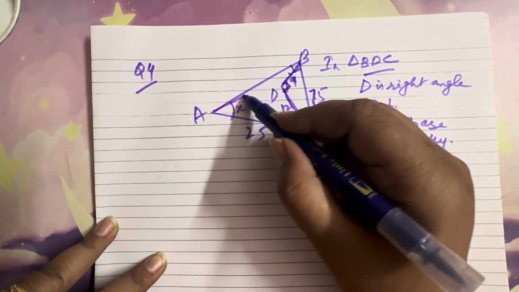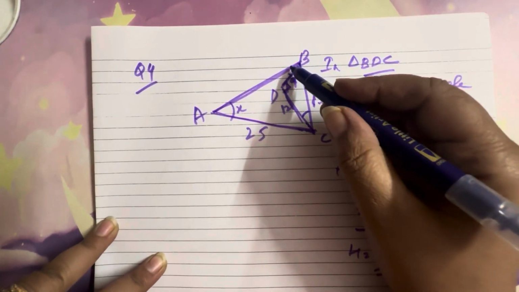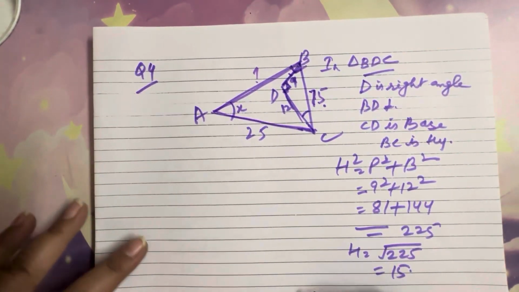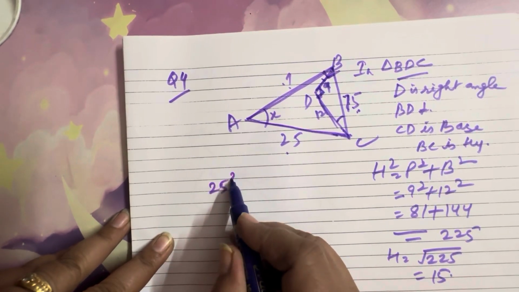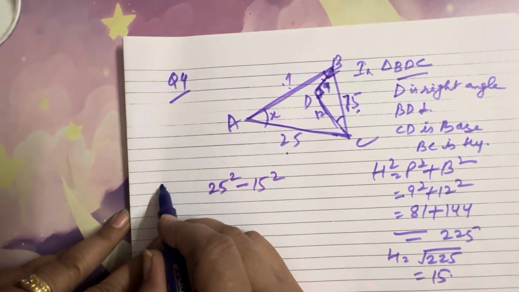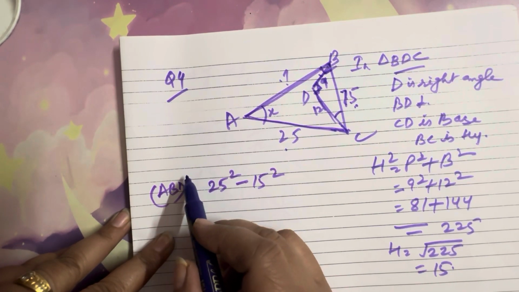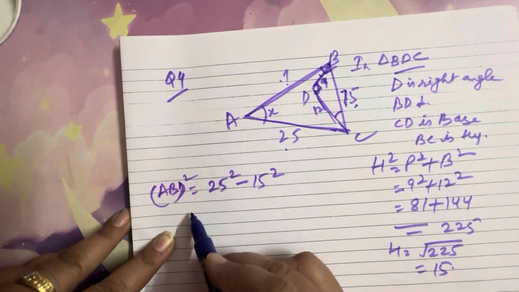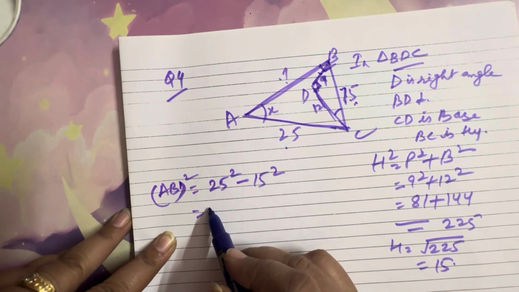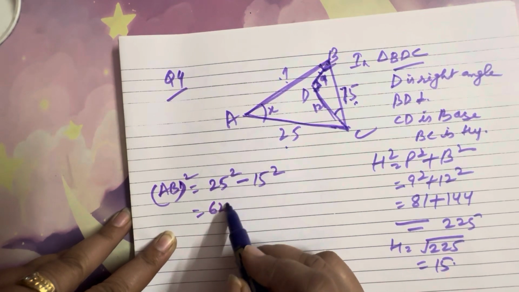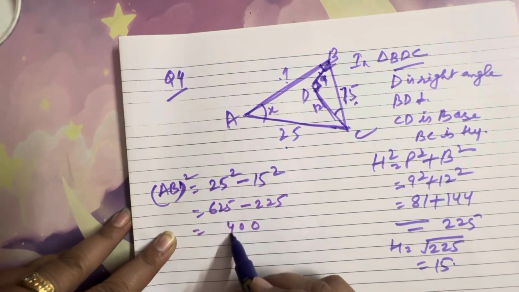Now in this triangle ABC, this is 15, hypotenuse is 25 but the base is missing. To find this base, we take 25 square minus 15 square, which gives AB, the base of this triangle. 25 square is 625 minus 225, that will be 400.